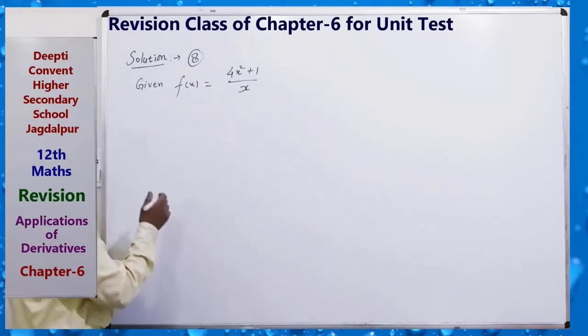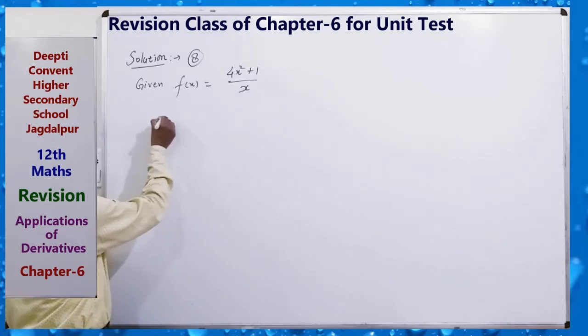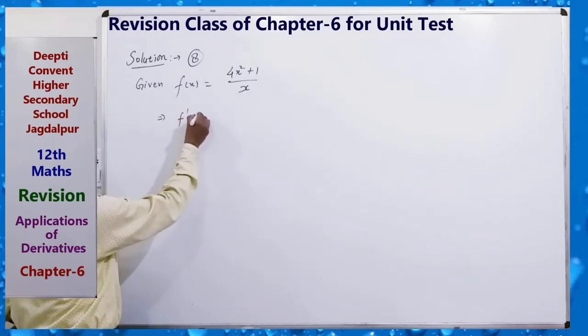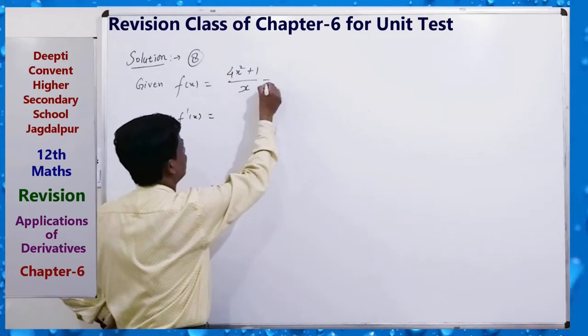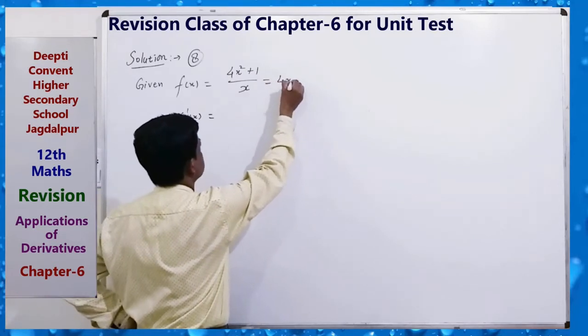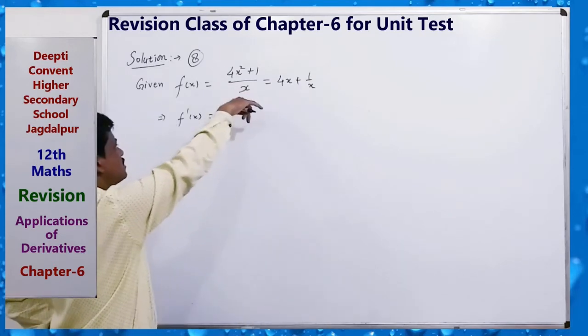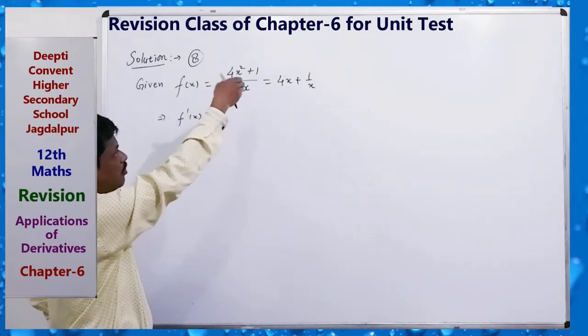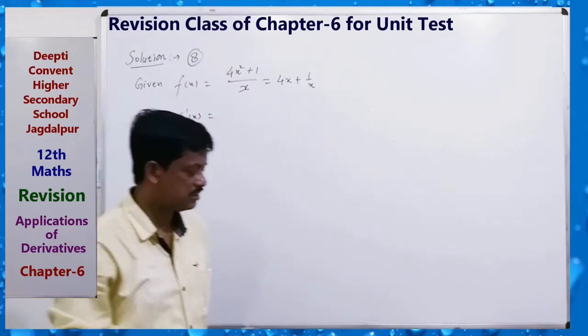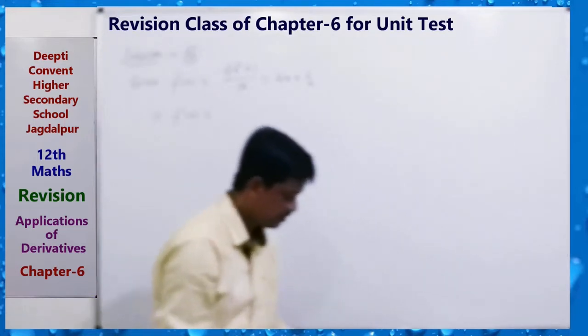Differentiate it. You can write it just like this: 4x plus 1 by x. Distribute it: 4x square by x means 4x, plus 1 by x. You can write this to differentiate easily.